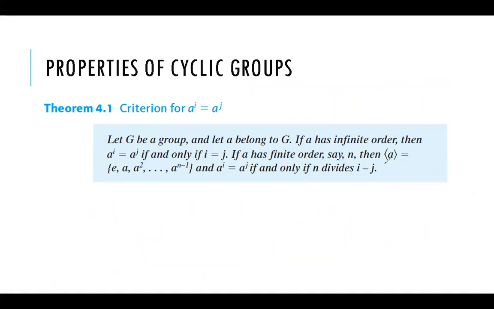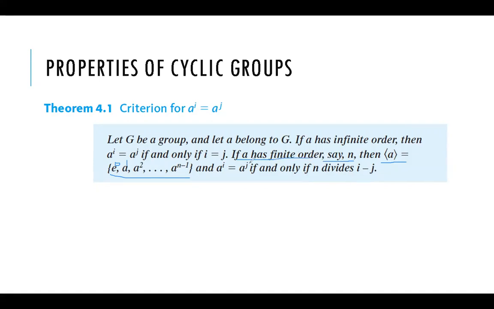And there is one important remark that I want to make. You can see that the cyclic subgroup generated by a is equal to e, a, a squared, up to a^(n-1). If we count the number of elements, there are n elements, because from 1 to n minus 1, and then the identity is a^0. So we have a total of n elements here, which is equal to the order of the element.